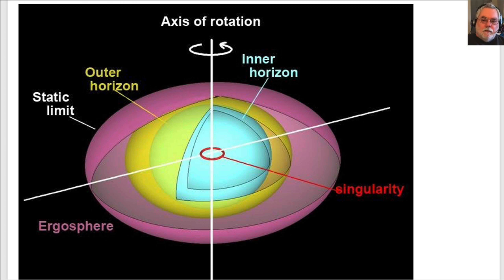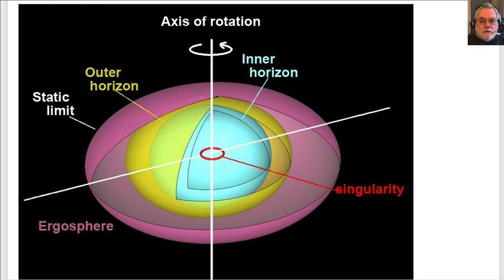Instead of one spherical event horizon, a rotating black hole has 4 interesting surfaces nested within one another. The non-rotating event horizon is replaced by 2 outer nested surfaces, which we will cover first. 2 inner nested surfaces are associated with the singularity ring, which we will cover later after covering orbits and time dilation.